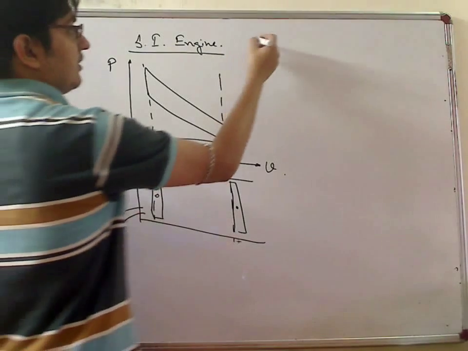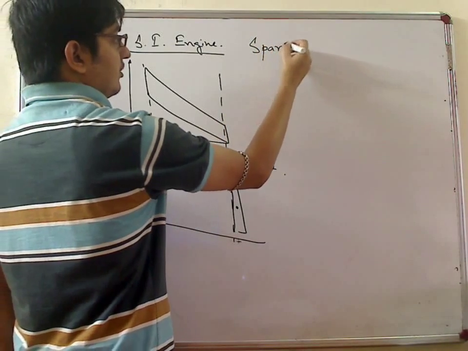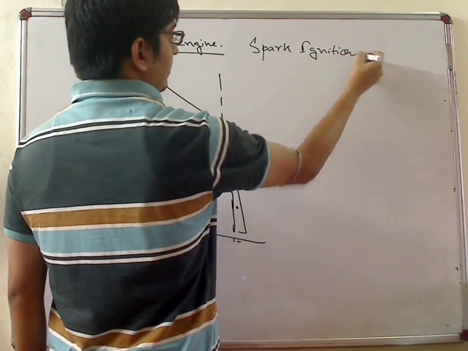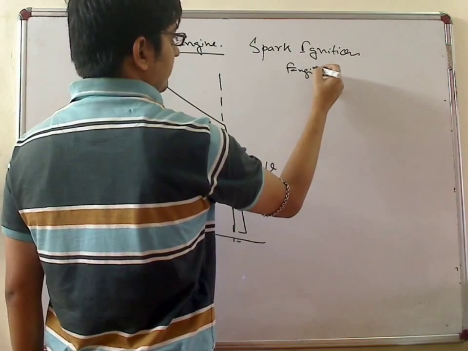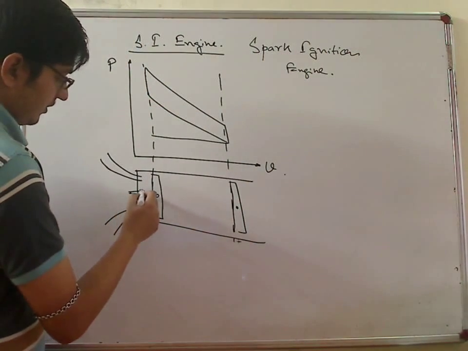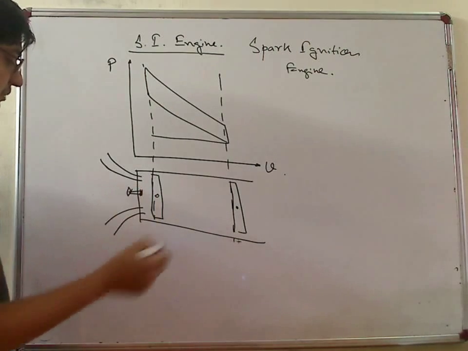SI engine stands for spark ignition engine. Now one spark plug is there, so it creates some spark.